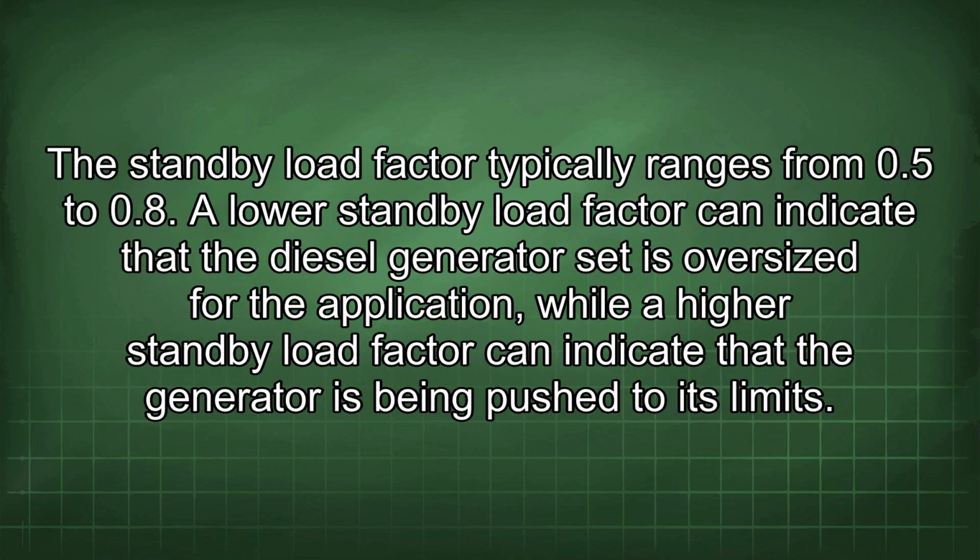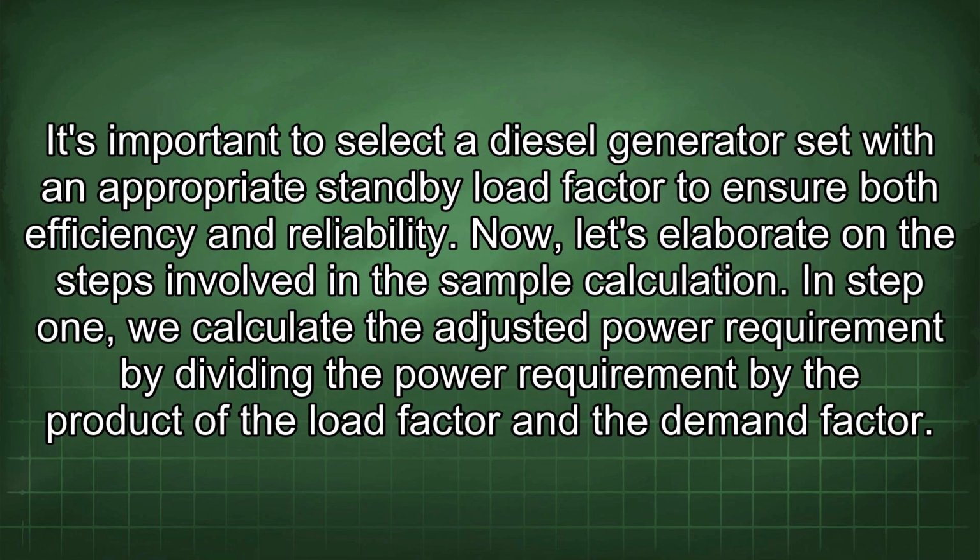The standby load factor typically ranges from 0.5 to 0.8. A lower standby load factor can indicate that the diesel generator set is oversized for the application, while a higher standby load factor can indicate that the generator is being pushed to its limits. It's important to select a diesel generator set with an appropriate standby load factor to ensure both efficiency and reliability.